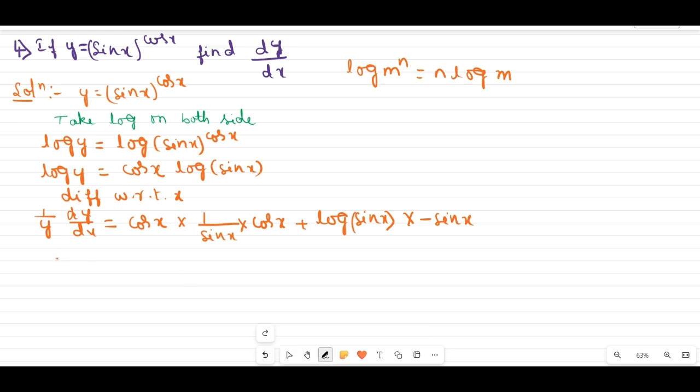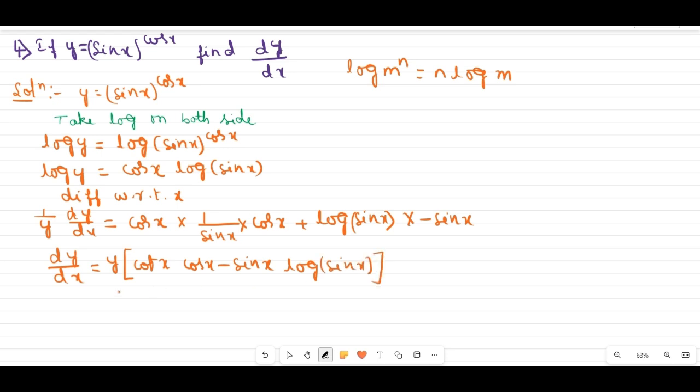So we want dy by dx. I am taking the y to the right hand side. You must take it, because they have asked dy by dx, not 1 by y dy by dx. So cos x by sin x, we know it is cot x, into cos x, minus sin x into log of sin x. Finally, you must substitute the value of y.